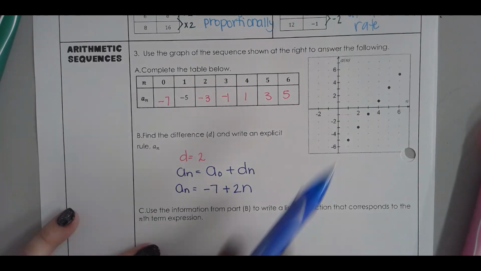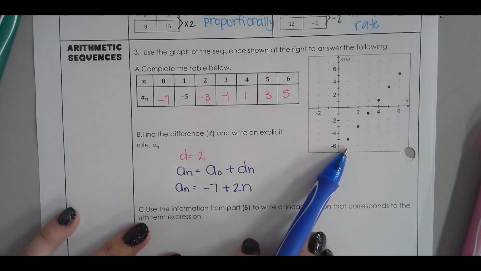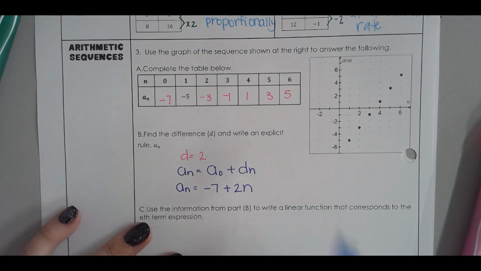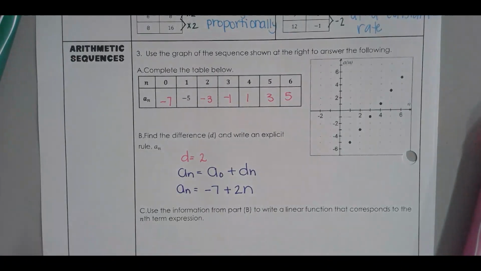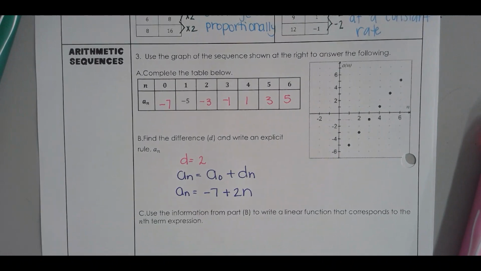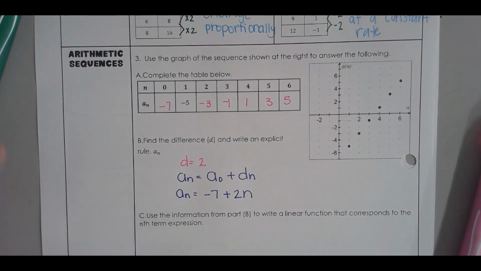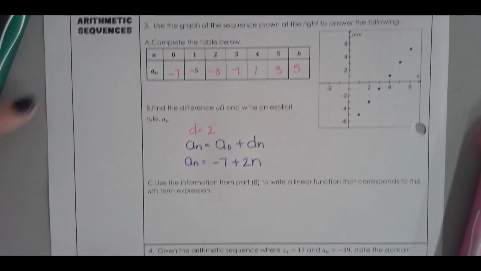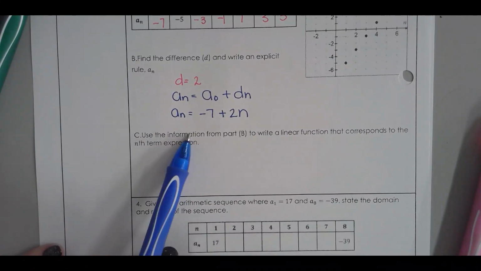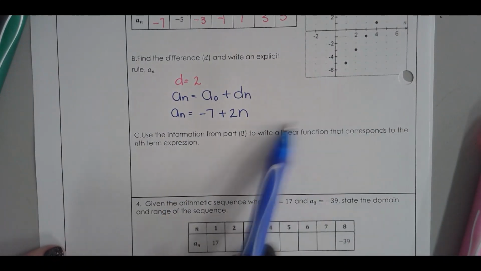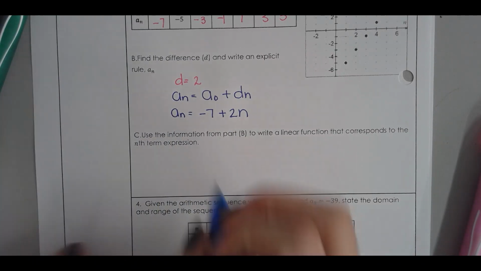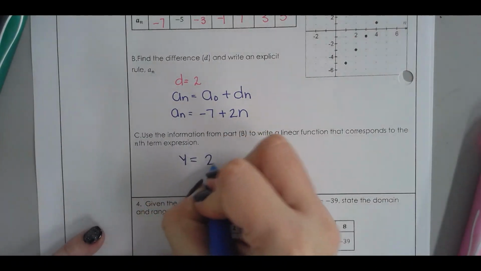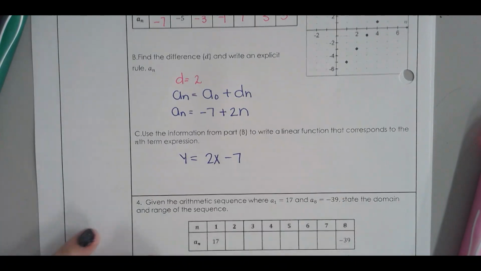And if this was a line, you would say, okay, well, my y-intercept is -7, my slope, 2/1. So you would say 2x minus 7. Same thing. So, all right, well, what if this was a linear function? How would I write that as a linear function? I just said y equals 2x minus 7.